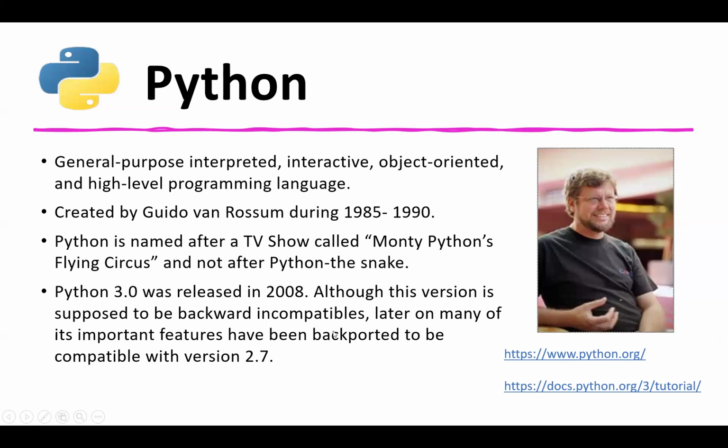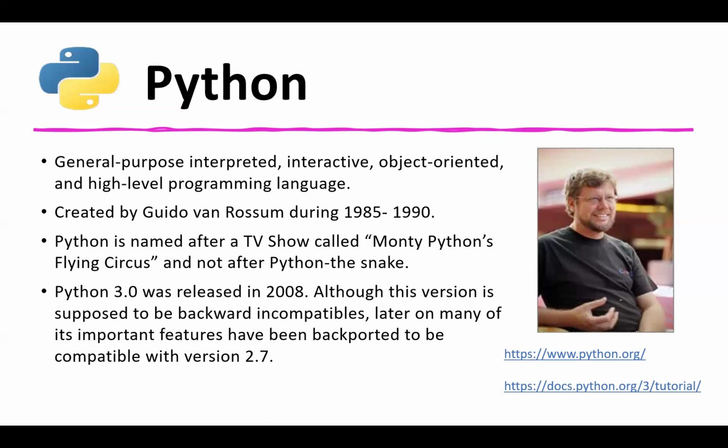And thereafter, the major changes to Python were made when Python 3.0 was released, in 2008. Therefore, the previous versions like Python 2.7 are mostly backward incompatible after the Python 3.0 release. Therefore, now we are learning Python 3.